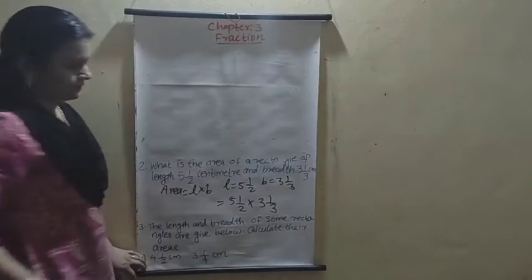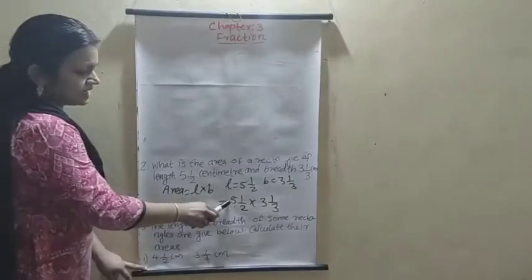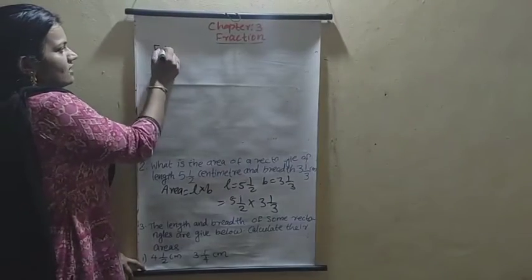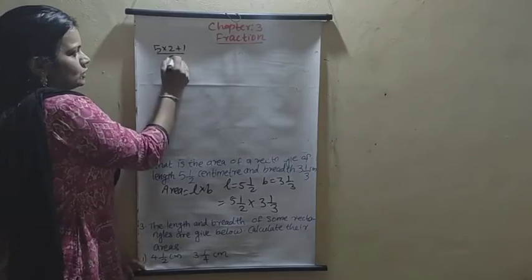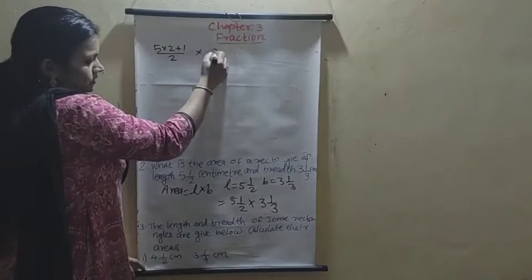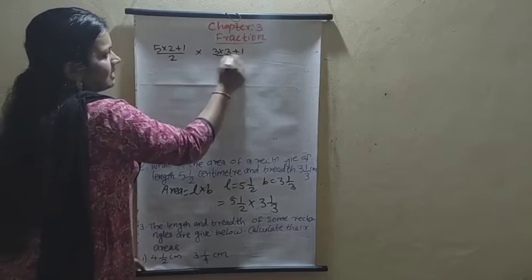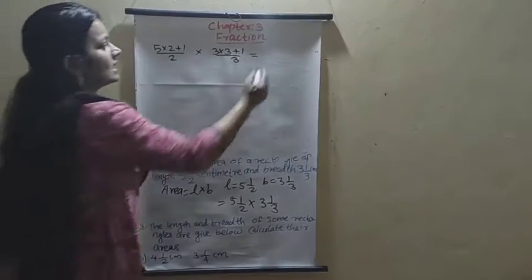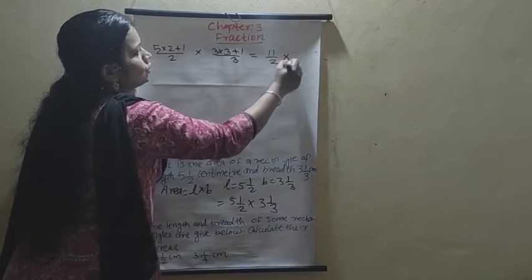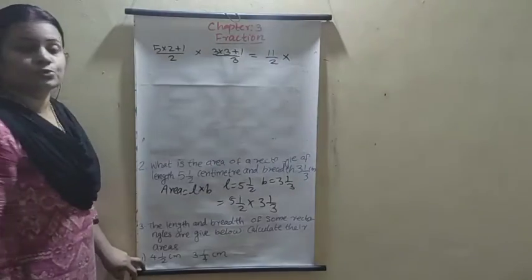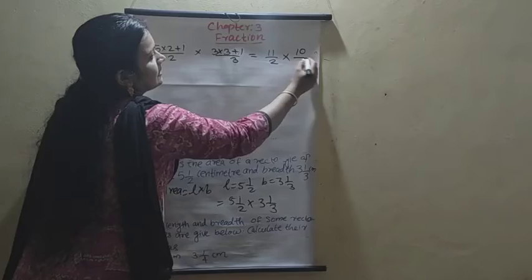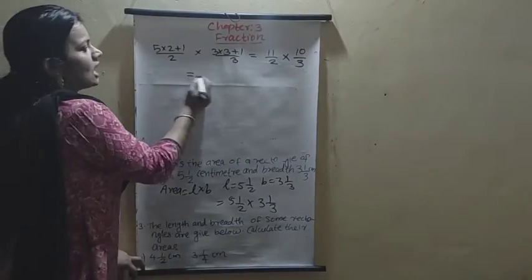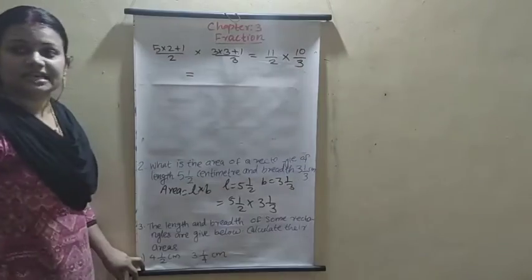Whole number into denominator plus numerator. 5 into 2 plus 1 over 2, into 3 into 3 plus 1 over 3. Then what is the answer? 5 2s are 10, 10 plus 1, 11/2, into 3 3s are 9, 9 plus 1, 10/3. 11/2 into 10/3.